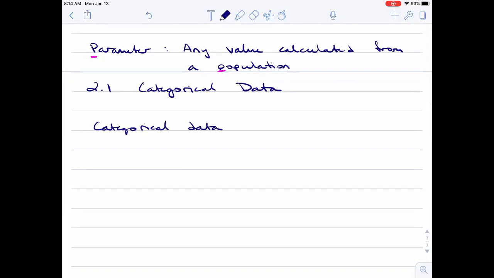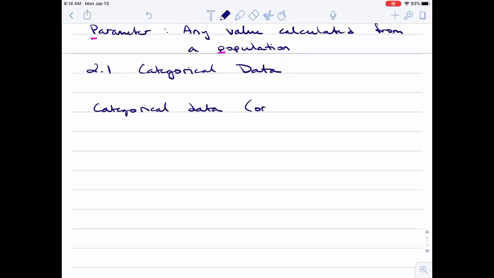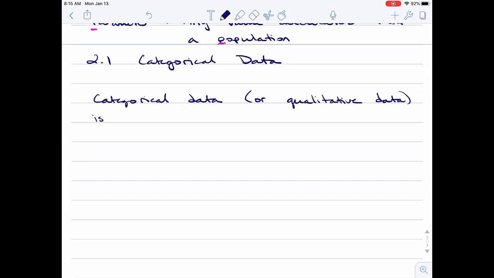So categorical data, or qualitative data, depending on what you like. I'll use categorical, but it's more to get you kind of into the groove that if you see qualitative, right, think quality, category, right? And so qualitative data is often summarized in a table, right?